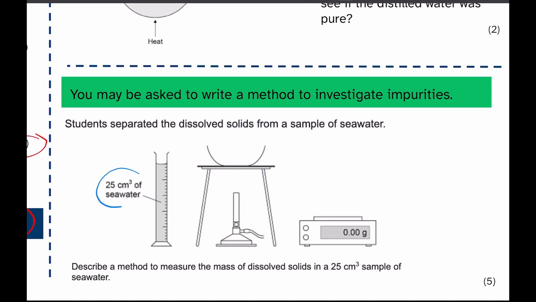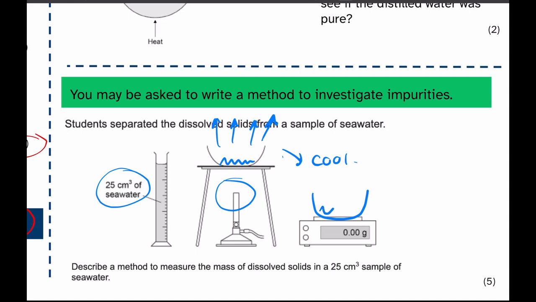Pour your 25 centimetres cubed of seawater into your evaporating basin. Heat it so that the water evaporates. Heat it until most of the water is evaporated and you see the dissolved solids appear. Leave it to cool, then place it back on your balance with the dissolved solids in.